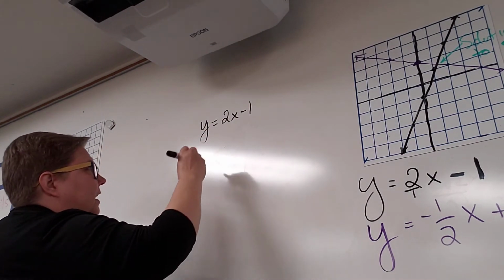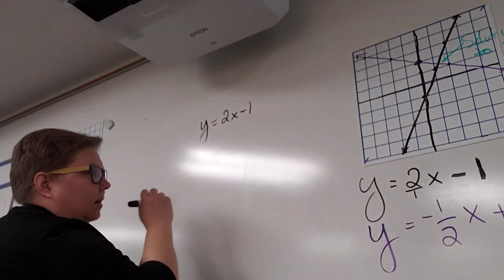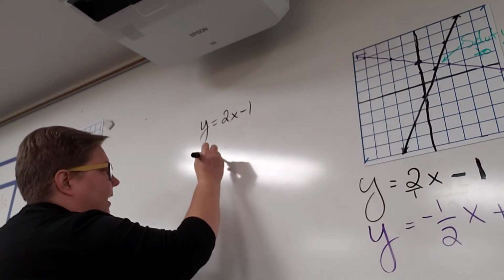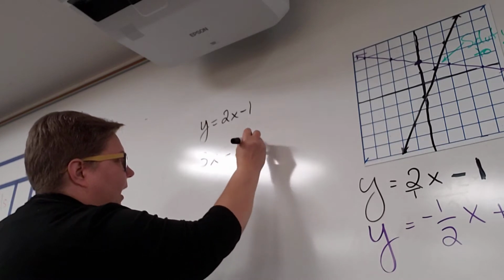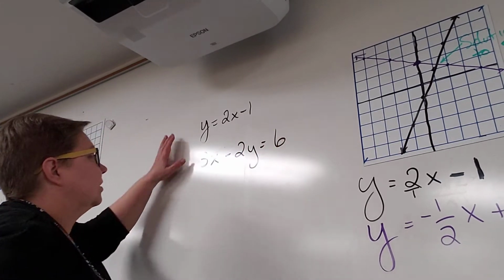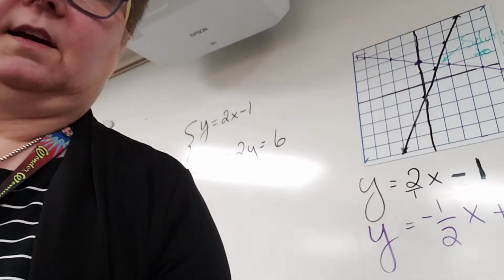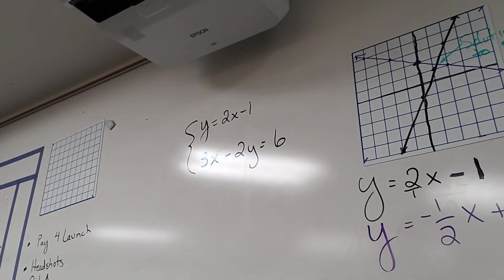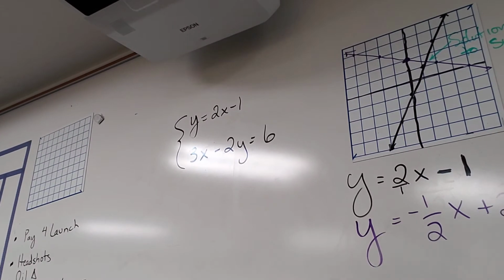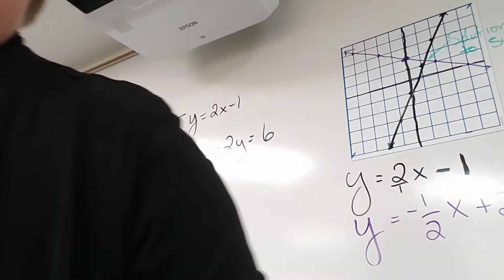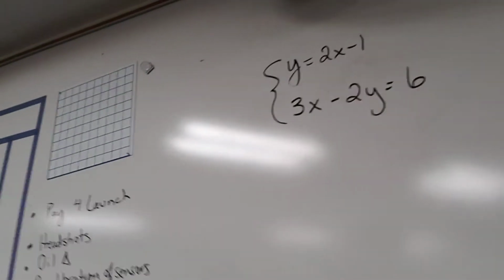I'm going to pick something else for the second one, let's say 3x minus 2y equals 6. So those are my system of equations right there. Let me see if I can move you over so that you can see.